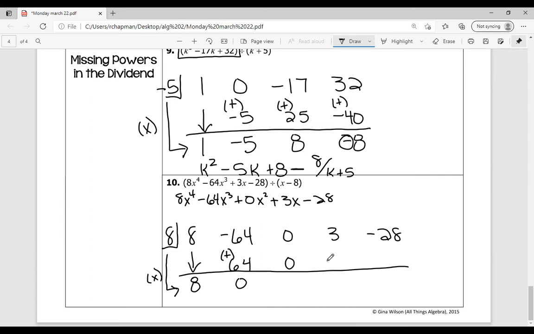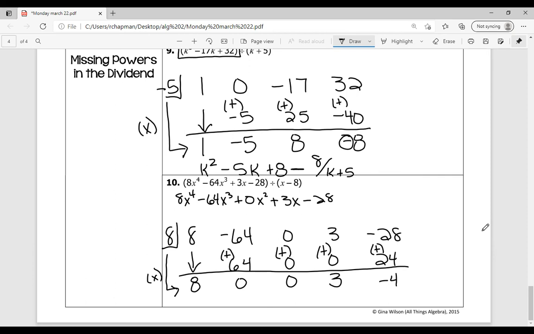I get a lot of mistakes right there. 8 times 0 is 0. Anything times 0, when you add those zeros, you get 0. 8 times 0 is 0. 3 plus 0 is 3. And 8 times 3 is 24. And when you add, you get negative 4.